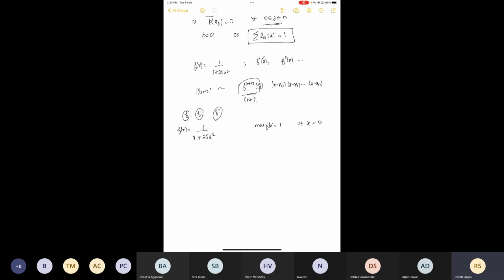If you go to f prime x, it will be around minus 50x upon (1 plus 25x squared) squared, and the maximum value of f prime x will be 15 square root 3 upon 8, at x equal to 1 upon 5 root 3.